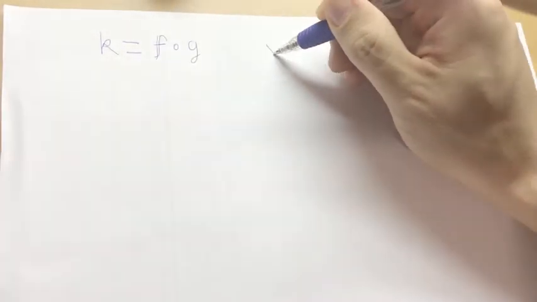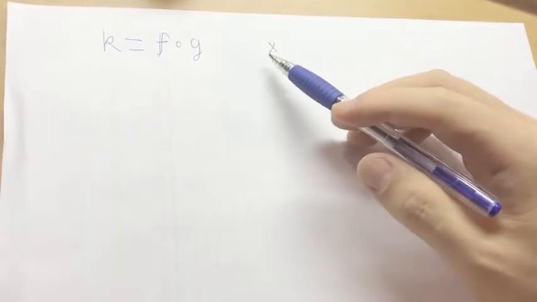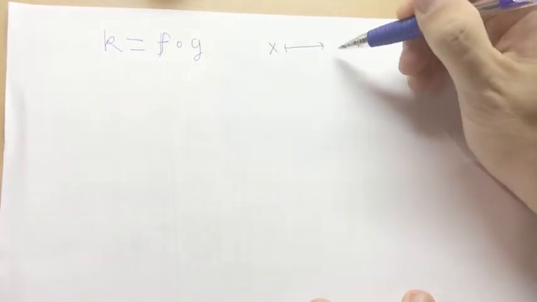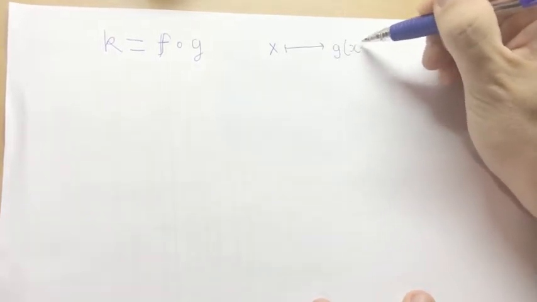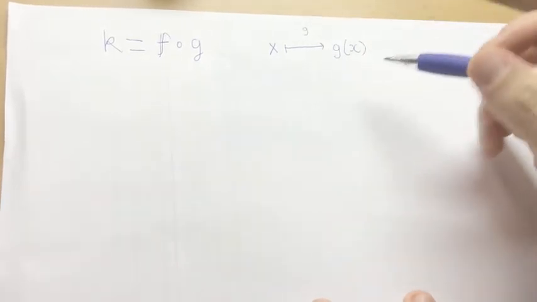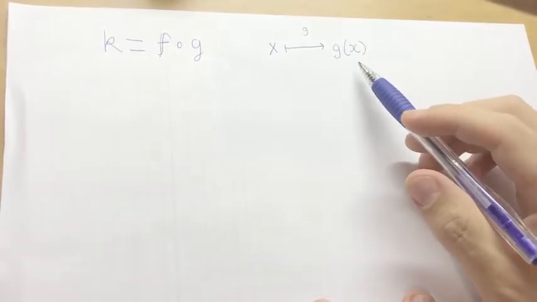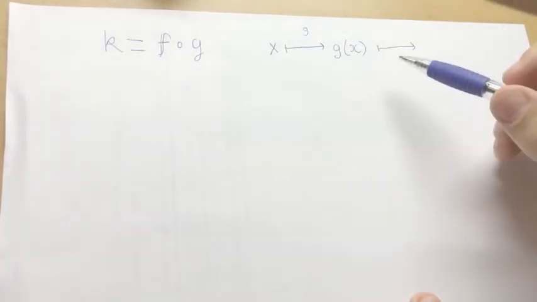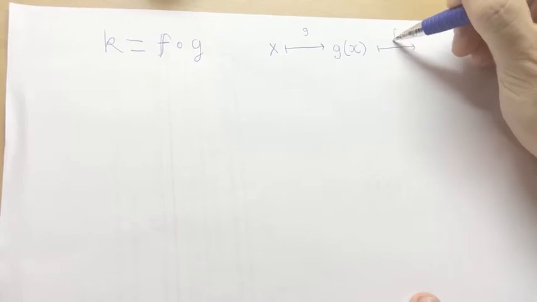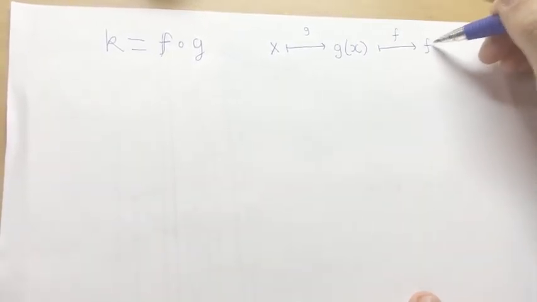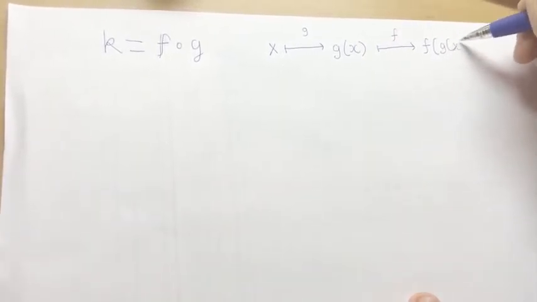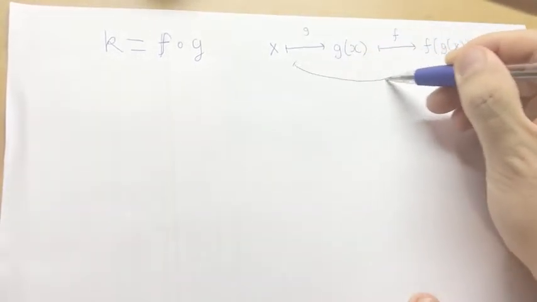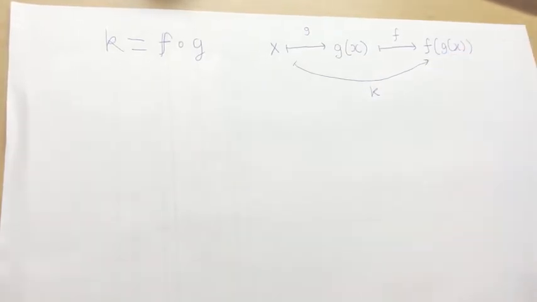And what happens is, anytime you have an input value in the domain of g, it goes first through the function g, and outputs g of x, and then this output is fed into the function f to produce the final output, and this final output will be the output of k.